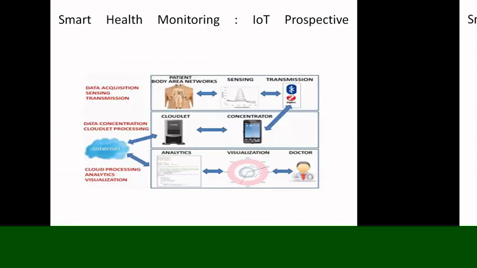Okay. So now how can you do smart health monitoring using an IoT device? Your body area network: the person is there, enabled with all sorts of EEG, ECG, EMG, motion capturing sensors, placed over the entire body. Nowadays, during COVID, when doctors were not visiting the wards, it was difficult to continuously monitor the patients.